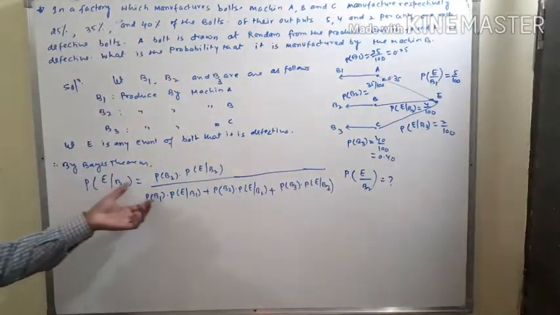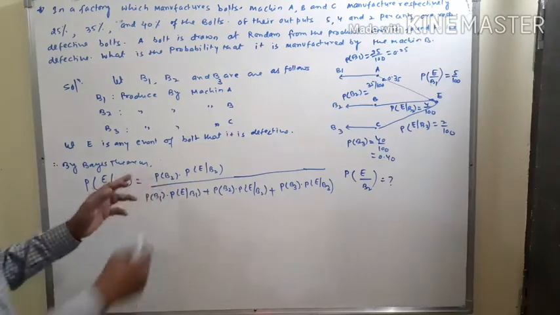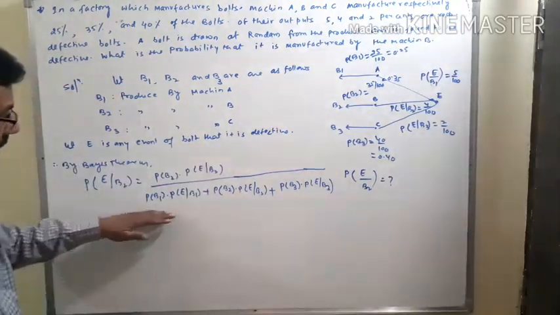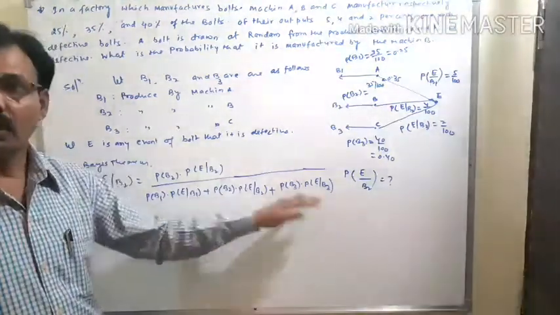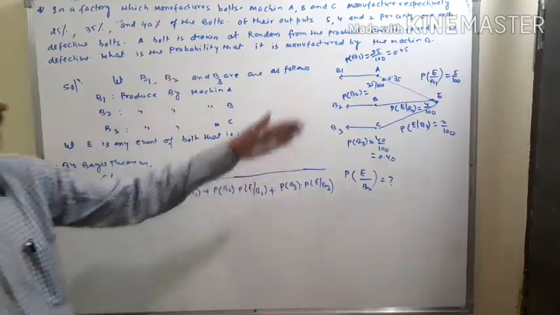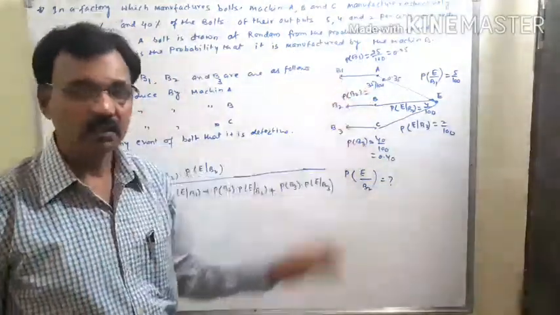Now we can understand this. This is the favorable event and this is the total event. That means this is the probability of all defective bolts by machines A, B and C.